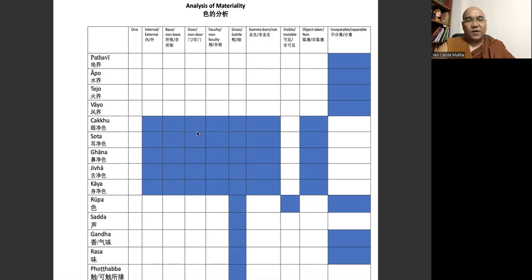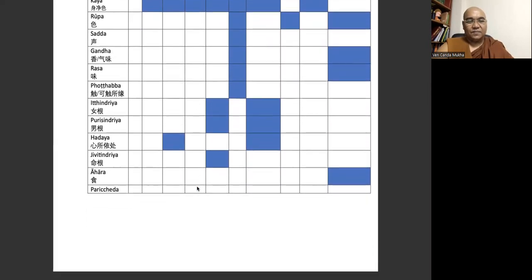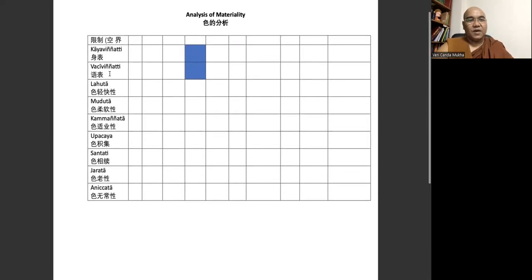They are Cheku, Sota, Gana, Jivha, Kaya, and also here Kaya Vinyati and Vaji Vinyati. These 2 Vinyati, so 5 and 2, altogether 7, serve as the door for wholesome consciousness and unwholesome consciousness to enter or to go out.